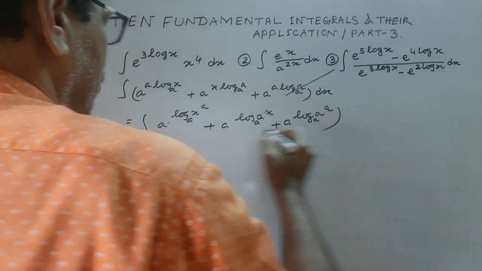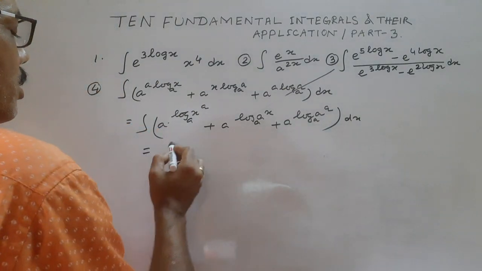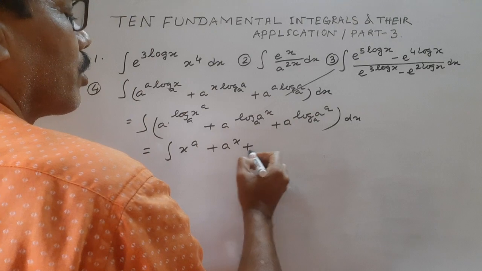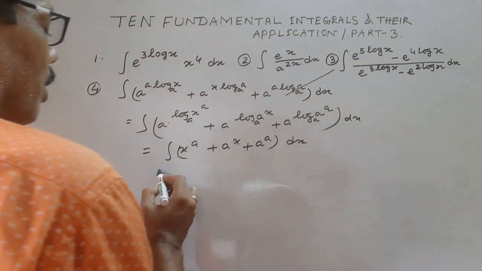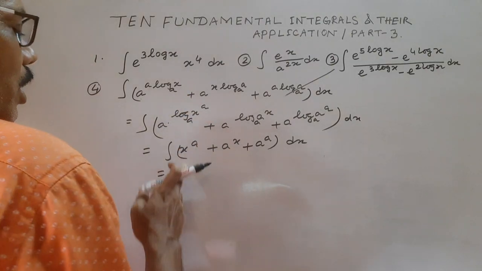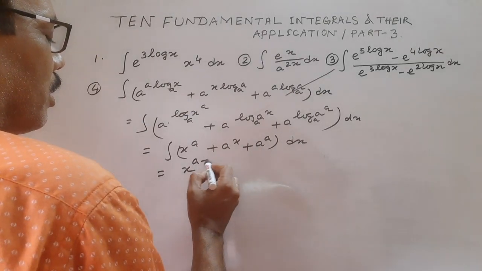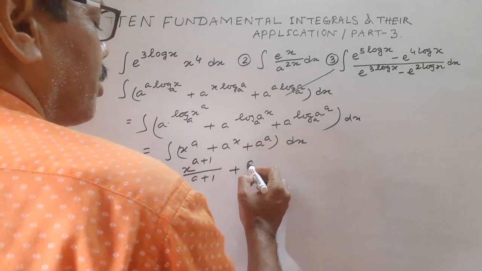In all cases, this is a. So this one is x to the power a plus a to the power x plus a to the power a x. So using fundamental laws, integration of the first, second and third terms separately. So a is constant. Now the base is constant.